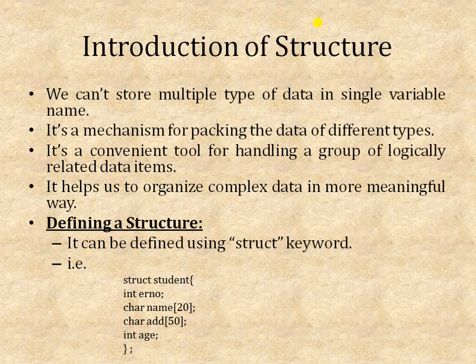Such kind of cases can be resolved with the help of structure. So, with the help of structure, we can pack the data of different types together. We cannot store multiple types of data in a single primitive variable.